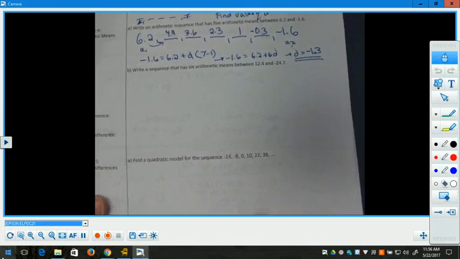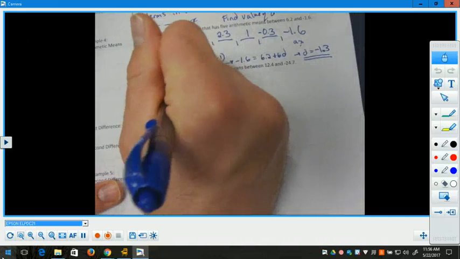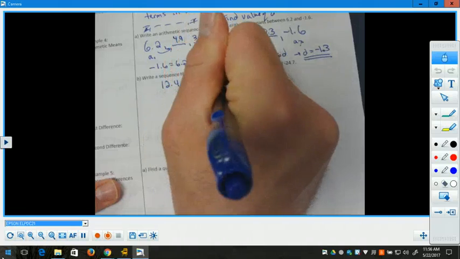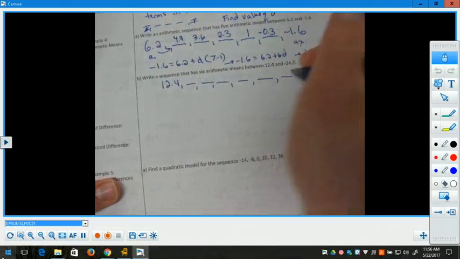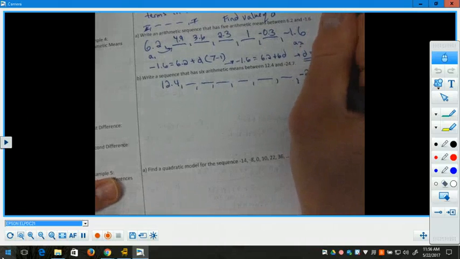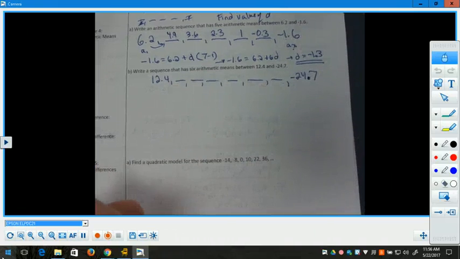Welcome back. Write the sequence that has the 6 terms between 12.4, 1, 2, 3, 4, 5, 6, and negative 24.7. So yes, we do expect d to be a negative value.